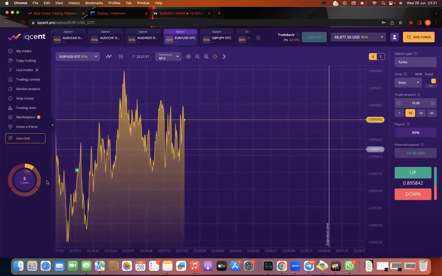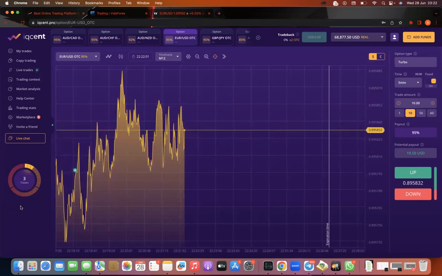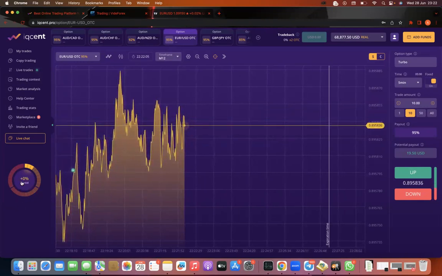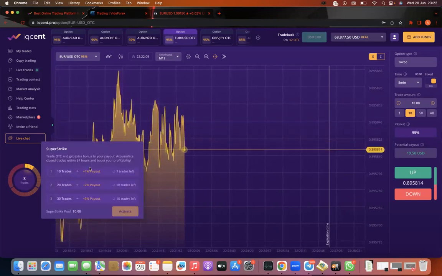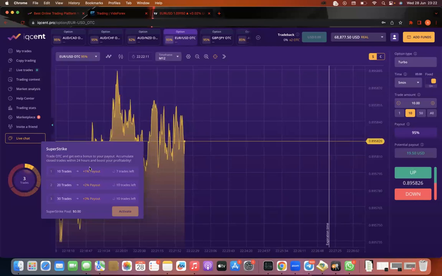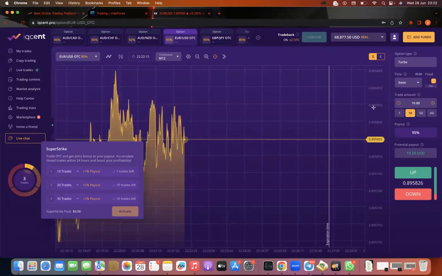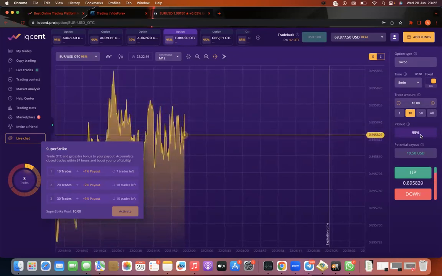Okay, so if you look here, you can see 3 trades. It's showing the number of trades I've taken on this particular currency. As I keep taking more trades, you notice that the amount keeps increasing. Why is it showing here? Because if I take 10 trades, I'm going to have an additional 1% payout. So instead of 95% payout on this pair, I'll be having 96%.